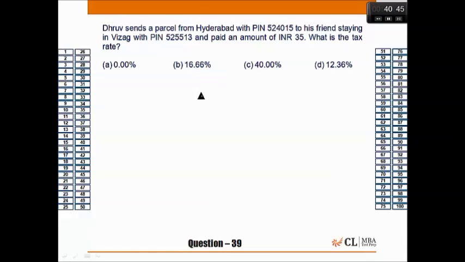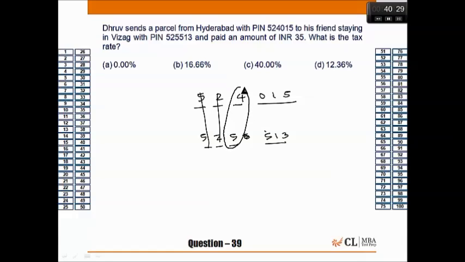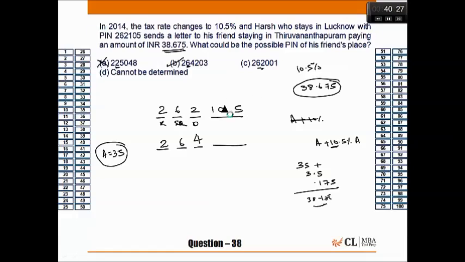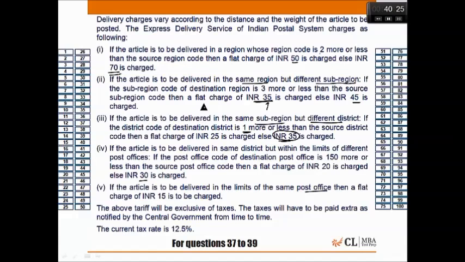Dhruv sends 524015 region and to Vizag, which is 52513. So this is same, this is same, this is different. So that's a third case.